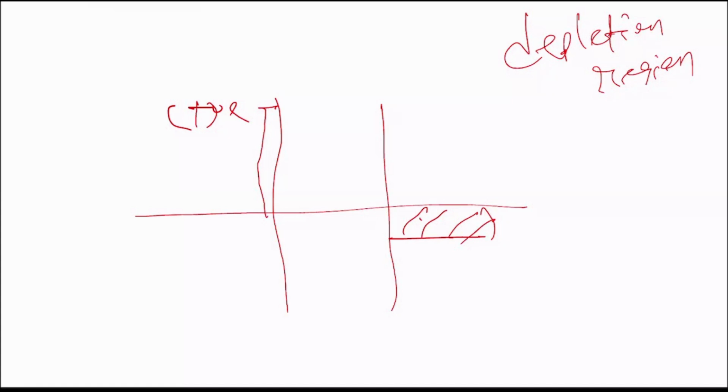So now, when we have a depletion region, what is happening if we increase the voltage here? The charge is also increasing here, but the depletion region thickness is increasing, right?